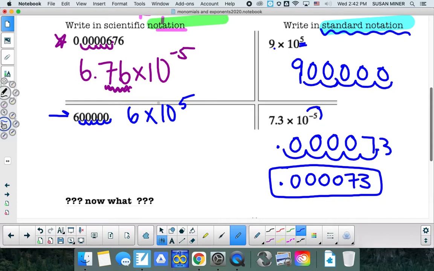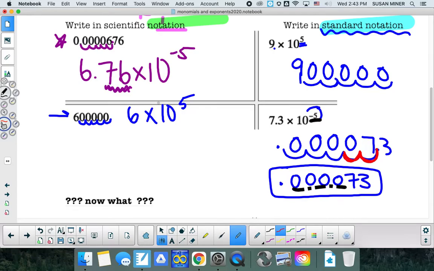Now, if you'll notice, I only have 4 zeros in here, but I went 5 places because one of my place values was going from the 7 until in front of the 7. Because my decimal place was moving to the left, the 7 actually filled in one of my decimal places, but we still count that.